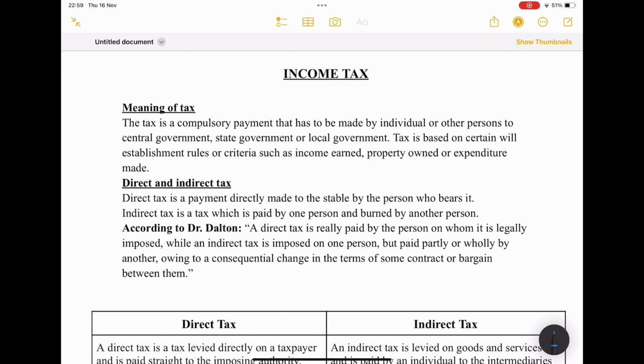So why are we going to pay the taxes? We should know that concept first. Basically the government has certain revenue systems, where tax plays a vital role in the revenue of a country.